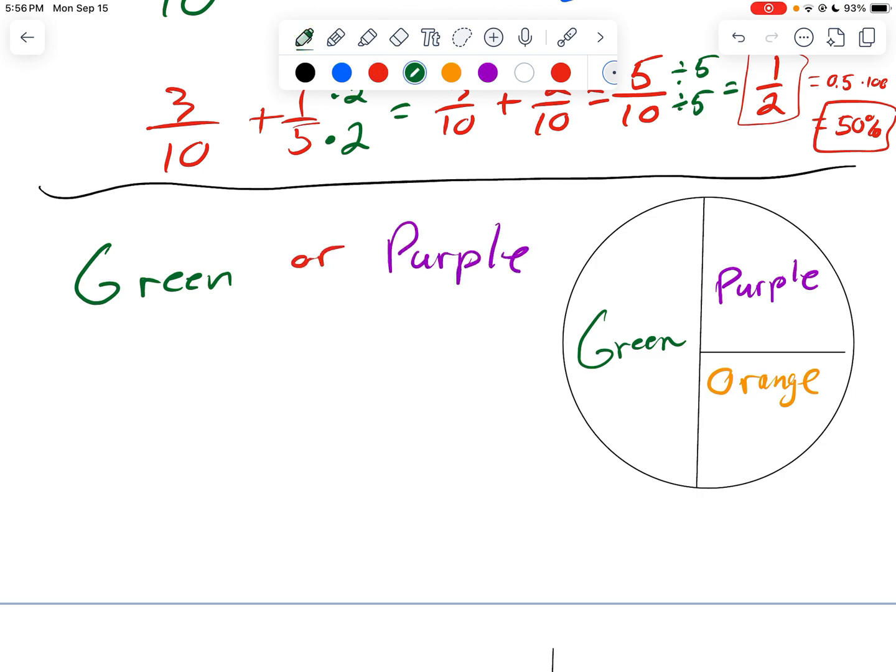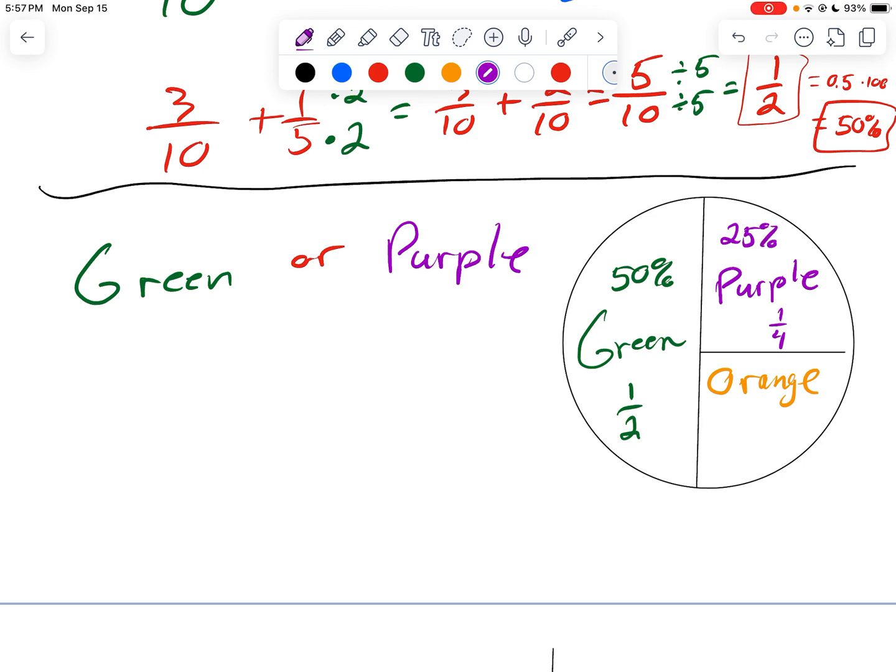Now, the green section is taking up half of the circle, so we can think of that as 50%, or we can think of that as the fraction 1/2. Now the purple section is taking up a fourth of the circle because it's half of a half, and half of a half is 25%.